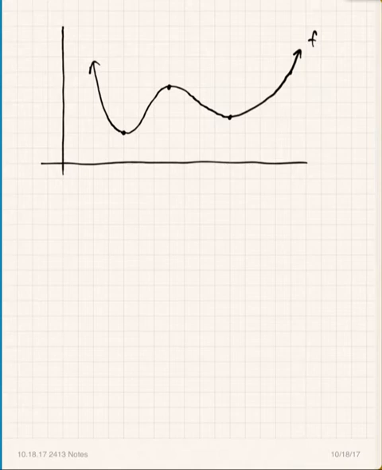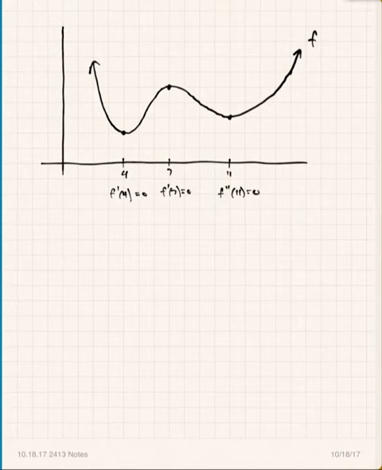So if this is the graph of the function f, let's talk about what's going on with, first of all, the derivative. What do we have here at 4? We get that f prime of 4 is 0. And this is at 7 right here, and we've got that f prime at 7 is 0, because we're getting horizontal tangent lines at those places. And then this is at 11 right here, then you get that f prime at 11 is 0. And what about the signs of the derivative?